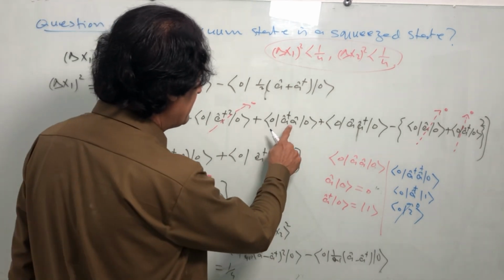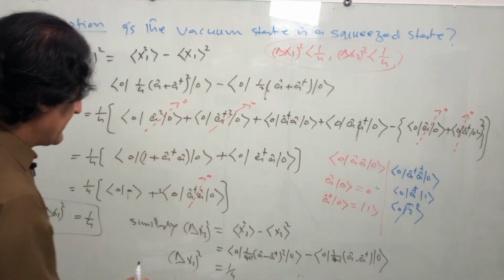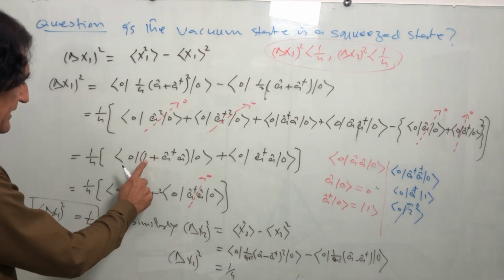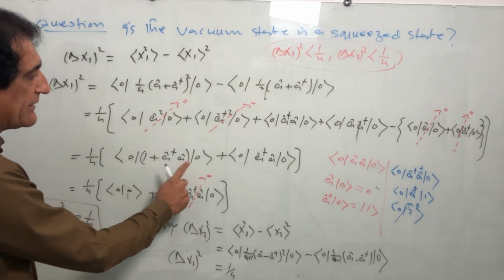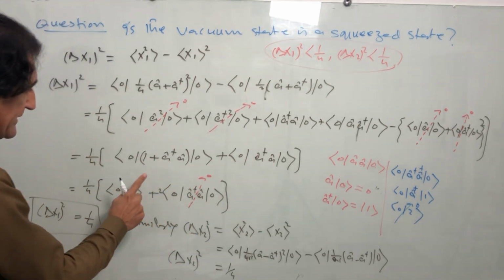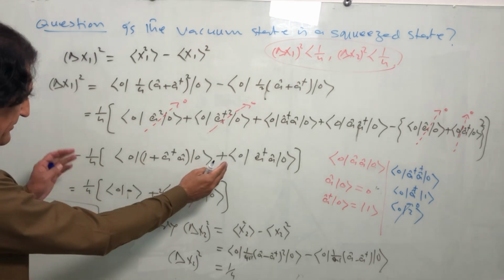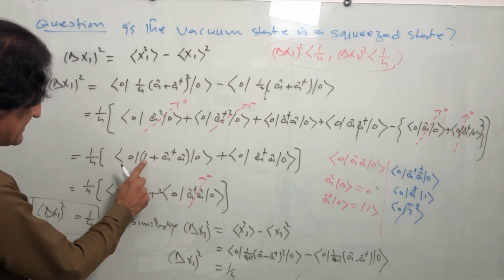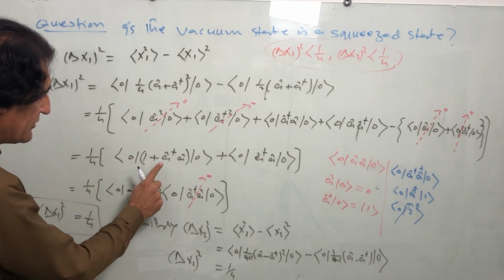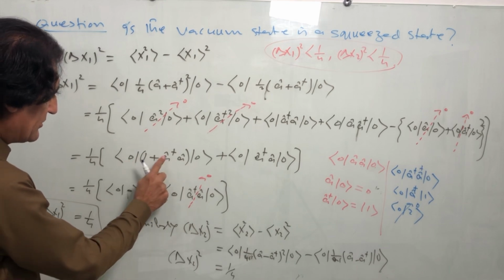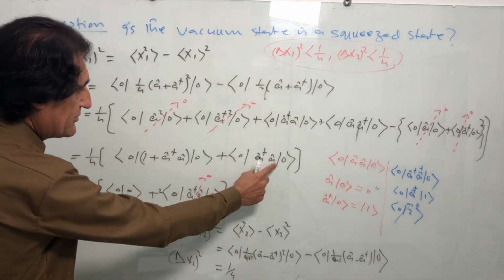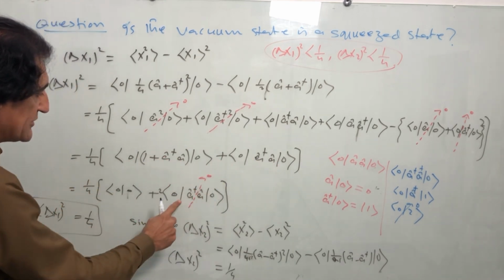And similarly, this term can be expanded as a a† plus a† a. If I multiply this side with this, we get ⟨0|a†a|0⟩ and ⟨0|a†a|0⟩, so we can add these two.